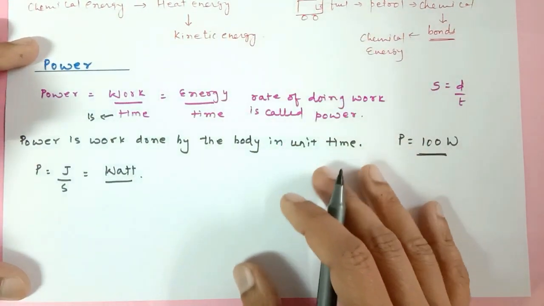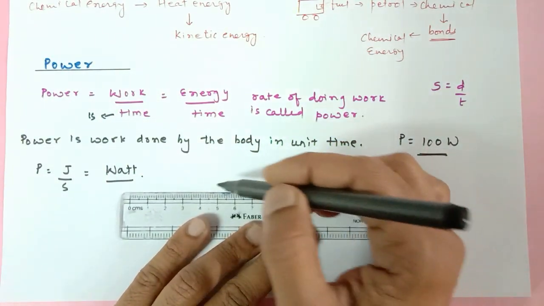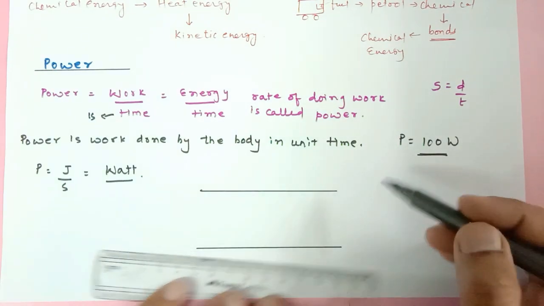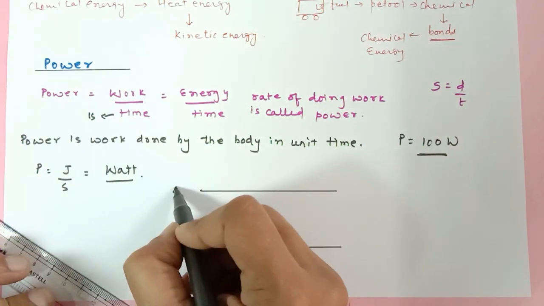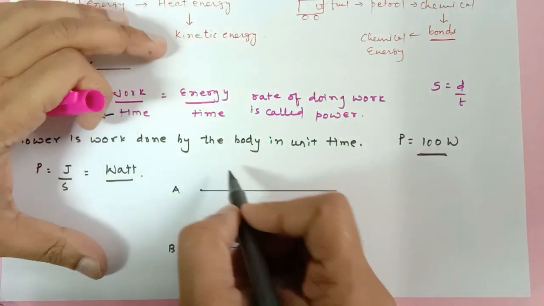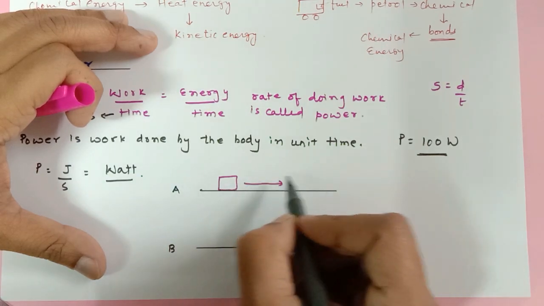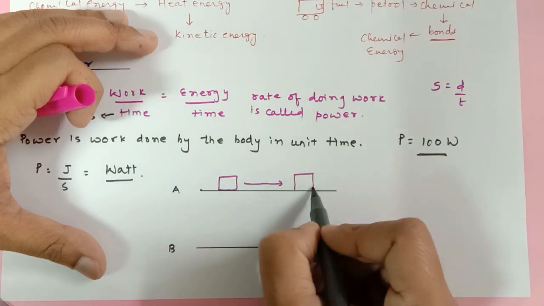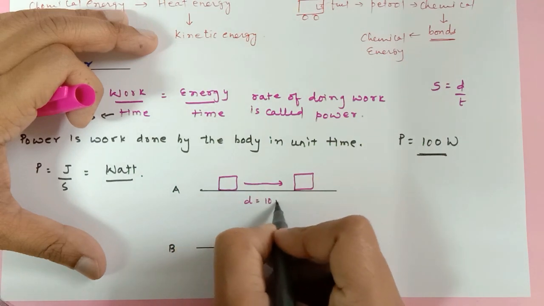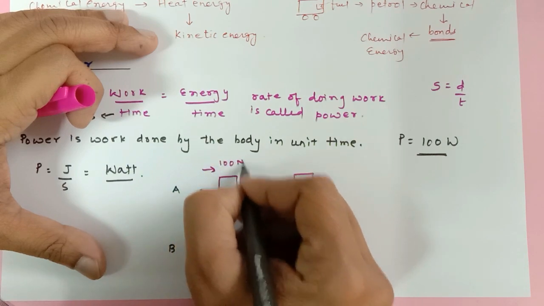Correct? Now let me give you a very easy example of power. So here there are two situations. This is situation B, this is situation A. Now in situation B, a block is being pushed in this direction and the block reaches over here. Suppose the block moves a distance of 10 meter and the applied force was 100 Newton.